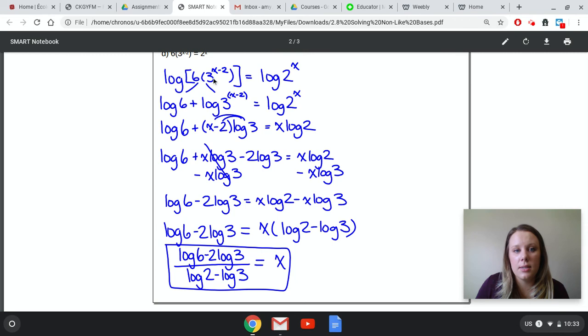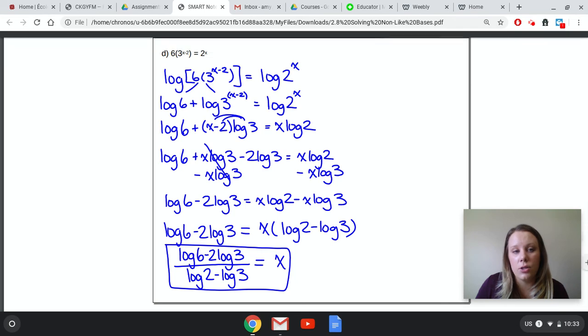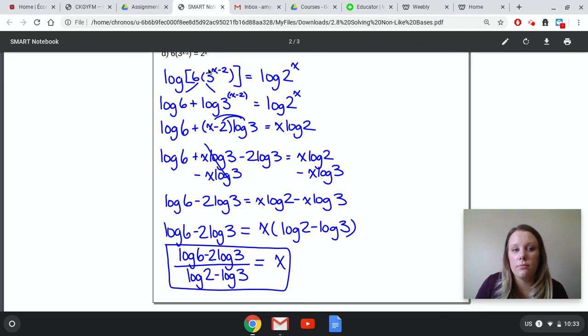This 6 and 3 to the x minus 2 are multiplying together. So when you have multiplication of two things within a log, that's going to break down into two logs that are adding together. That's what you can see me doing in this step here.